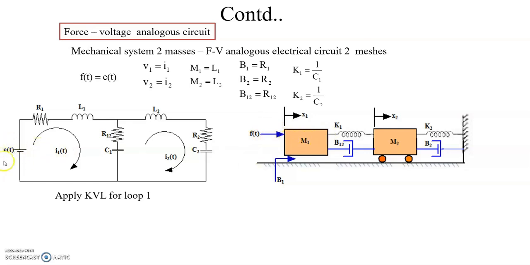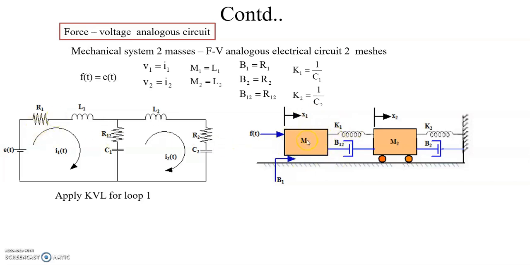Here I am applying the input voltage E of t in the first mesh. The elements M1, B1, B12 and K1 are connected to the first node. Hence, they are represented by analogous elements in mesh 1 forming a closed path.